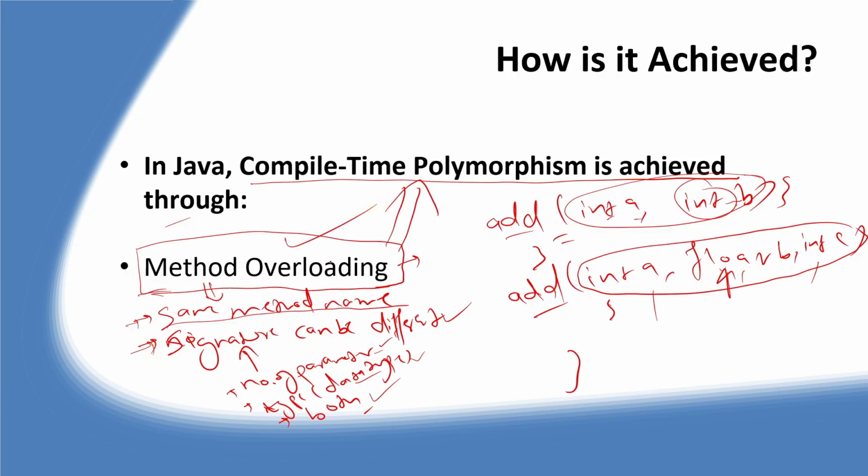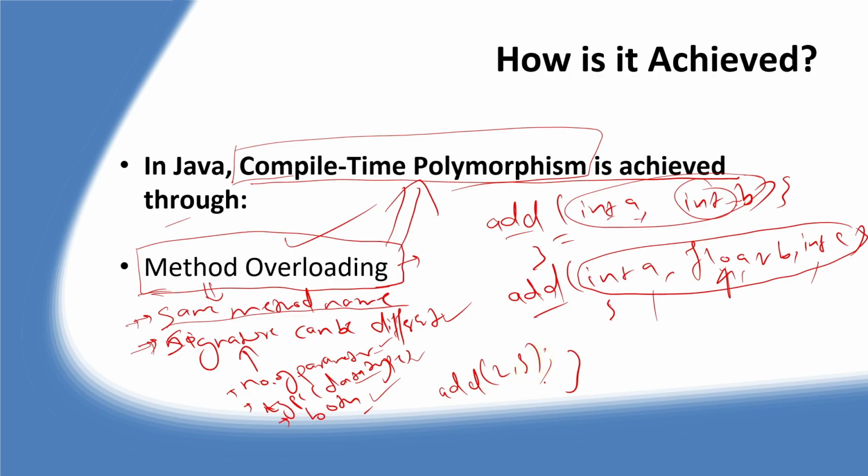And if we are doing method overloading, we can achieve compile time polymorphism. Why are we calling it compile time? Since method binding will happen during compile time only. Method binding means linking the method call. Let's say I'm calling this method as add(2, 3).